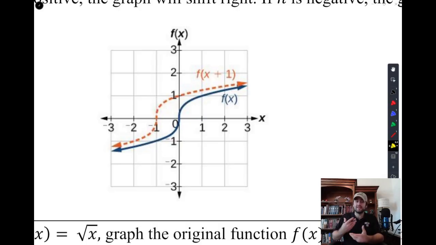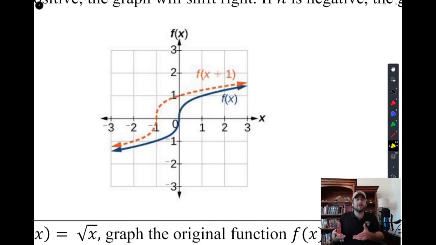The way I like to think about these, because it's the same for shifts, horizontal shift and vertical shift, but also for stretches and compressions, is that when it's on the outside, it kind of does what you expect. Plus 1 goes up 1. Times 2 is twice as tall, or a vertical stretch by a factor of 2. But when it's on the inside of the function, it does the opposite of what you would expect.